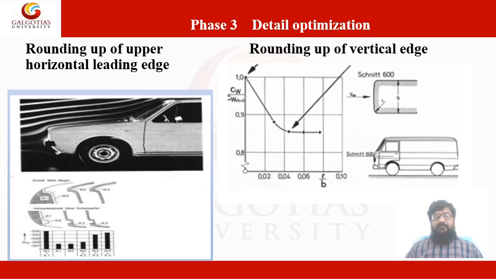For example, some of them employed the technique of rounding up the upper horizontal leading edge, and some of them employed the technique of rounding up the vertical edge. So in the left figure, you can see that with the rounding off of a van, the drag coefficient drops.